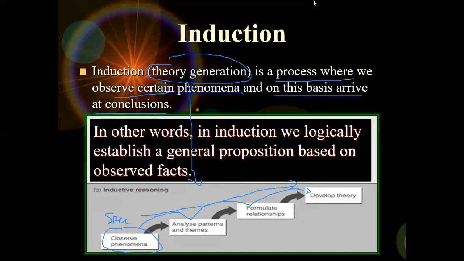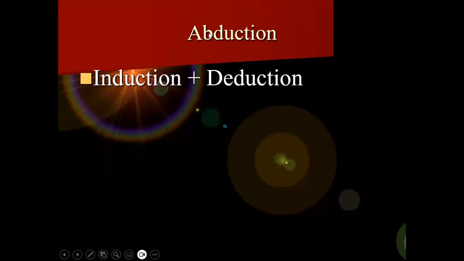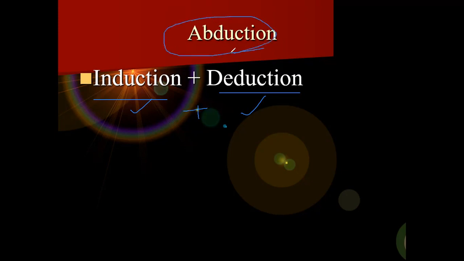And the next one is abduction. In abduction, basically, what we do is combine both. In induction, we generate theory. In deduction, we test that theory. If a researcher generates a theory and then tests that theory in the same research, it means he is going to follow the abduction process, right?